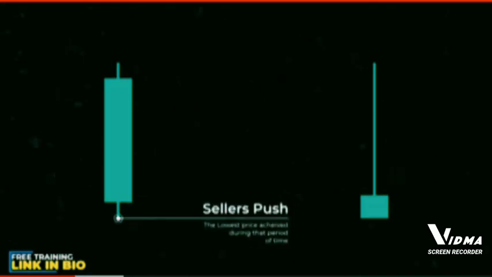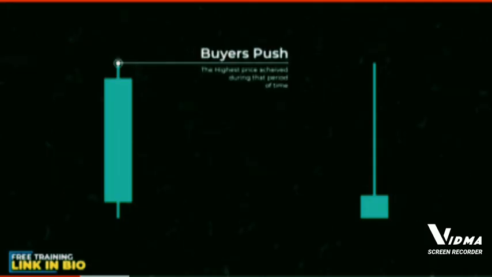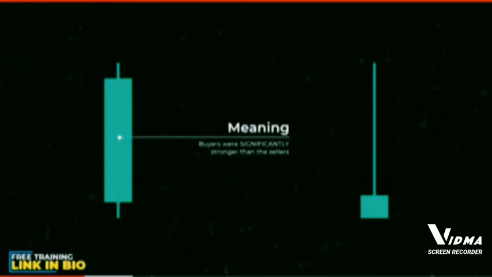Initially, the sellers tried to push the price down. The sellers were very weak as the buyers quickly came in and took the price higher. Then the buyers were able to travel a lot of distance without any pressure from the sellers. As a result, the price closed very near to the high.